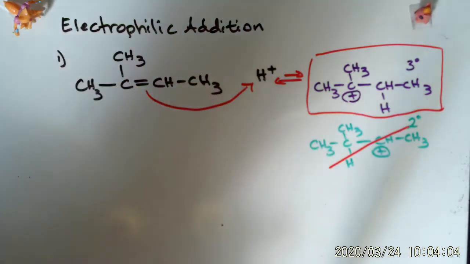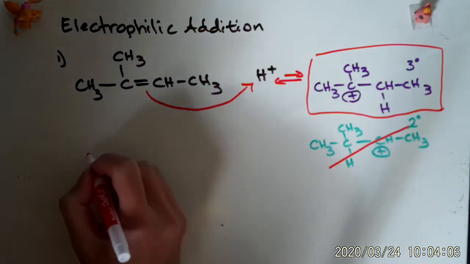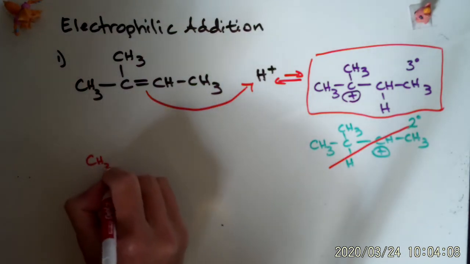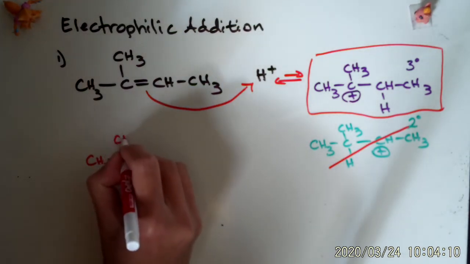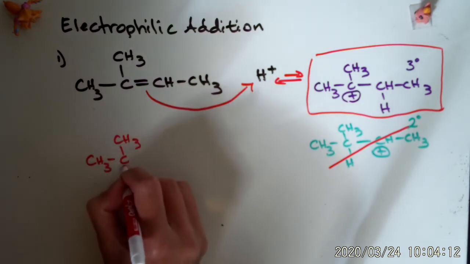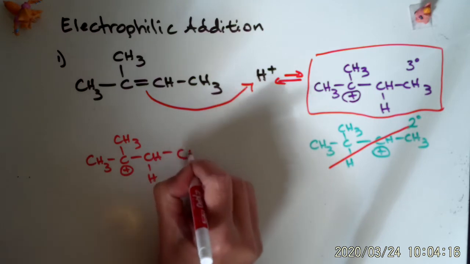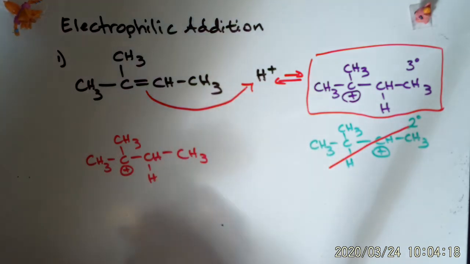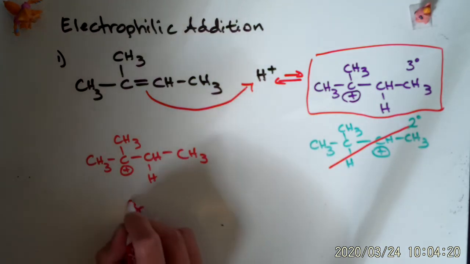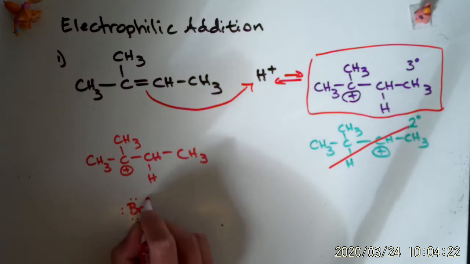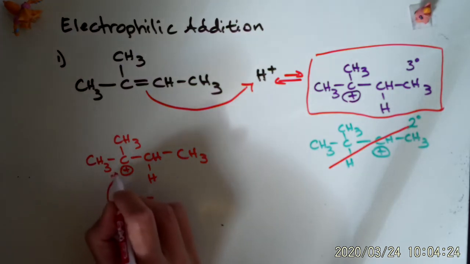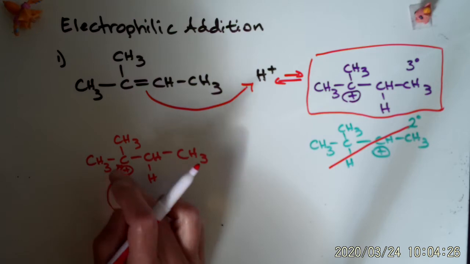So when we take this carbocation, this is actually what is available for my nucleophile to attack.